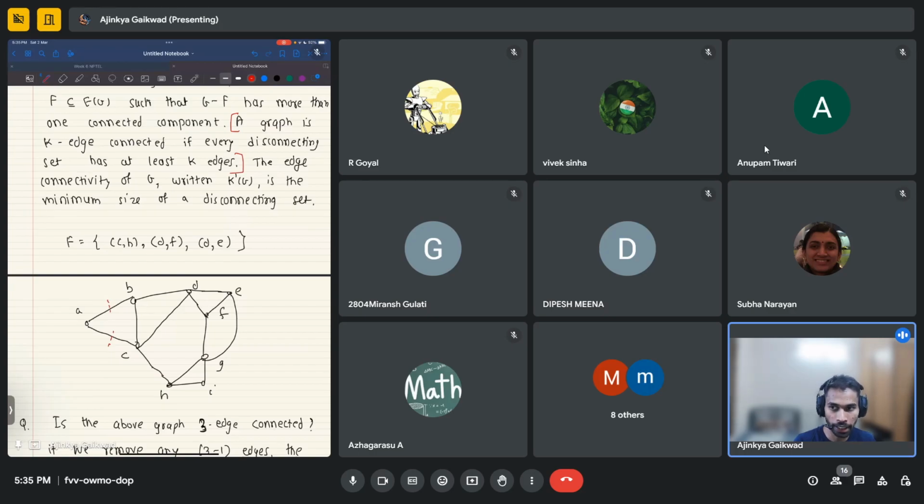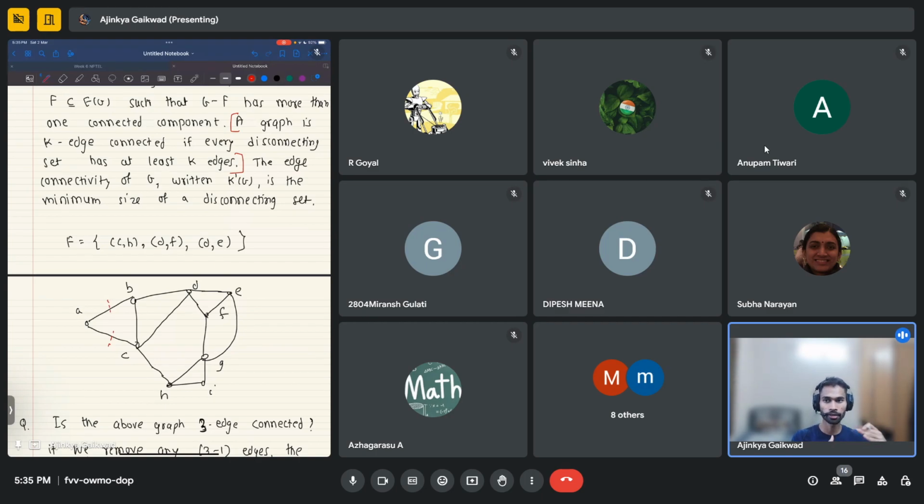Is it true that every disconnecting set in my graph G has at least three edges? No, because there is a disconnecting set of size 2, so I don't have three edges. That means it is not true that every disconnecting set has at least three edges, so the graph is not three edge connected.